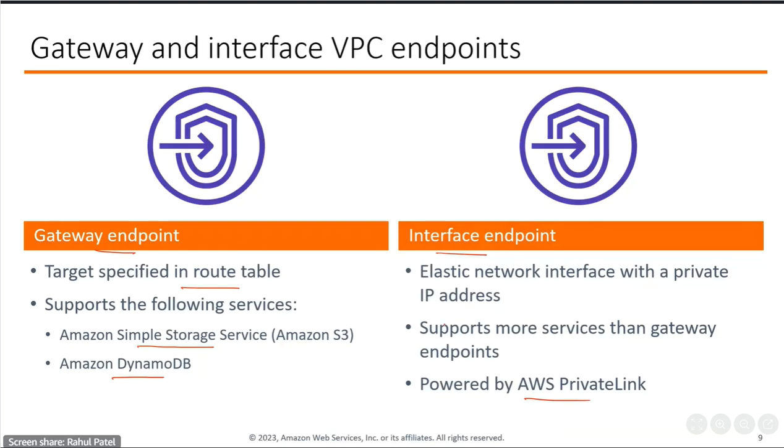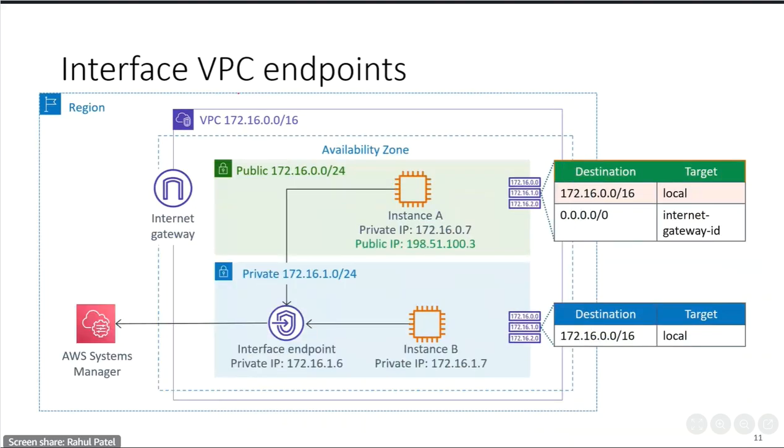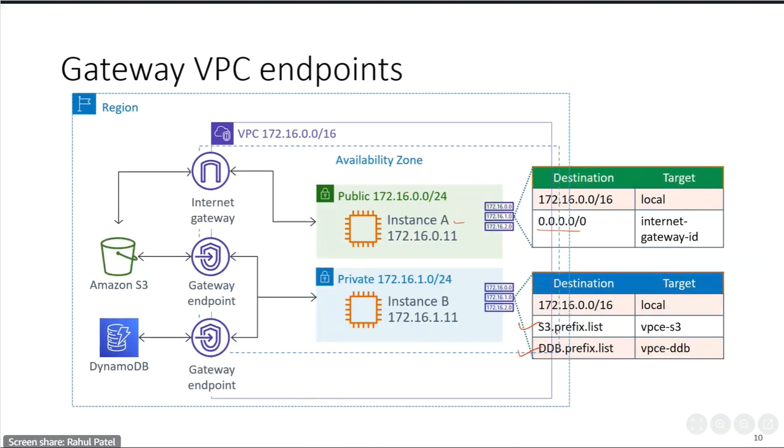Now, when we talk about this interface VPC endpoint, here you can see that we are using these S3 and DynamoDB gateway endpoints, and we are making an entry of these endpoints into the private route table.